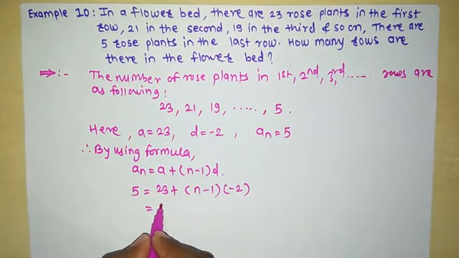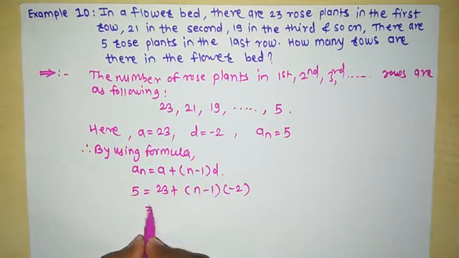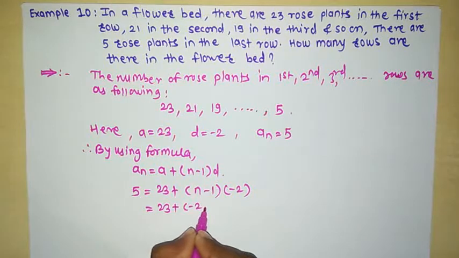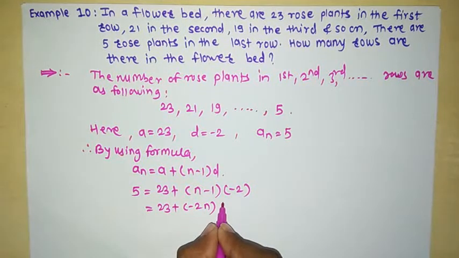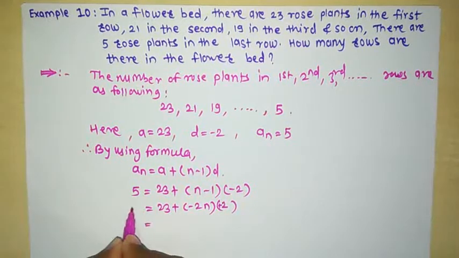Now open the bracket and multiply. First we will solve this bracket: 23 plus minus 2 into n, that is minus 2n, and minus 2 into minus 1 is plus 2. Now send this 23 towards the left-hand side.